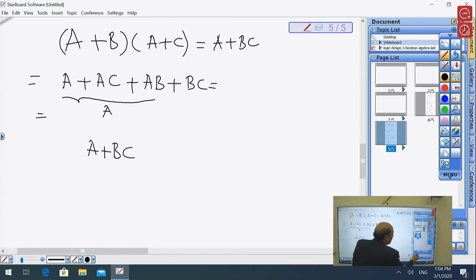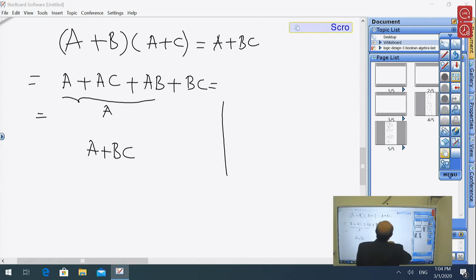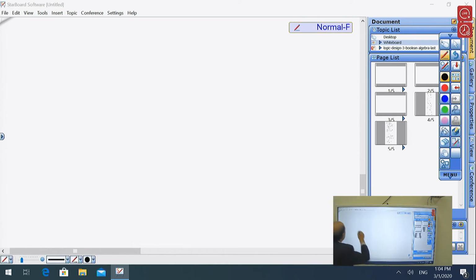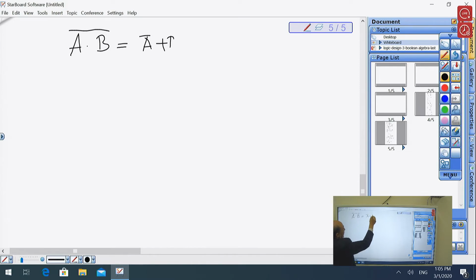Next, we move to De Morgan's theorems. A and B all complemented equals not A or not B. Sometimes it's good to write it in this way: A and B equals not A or not B, or not.